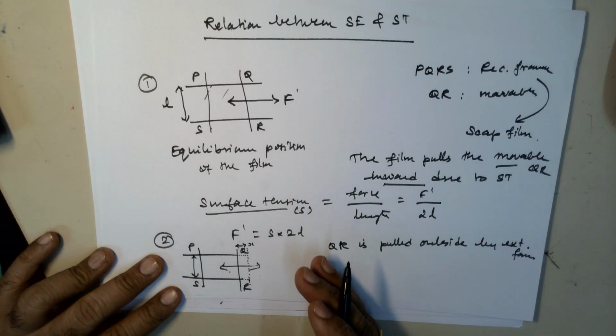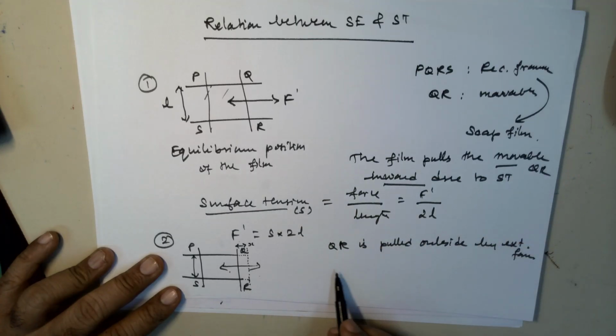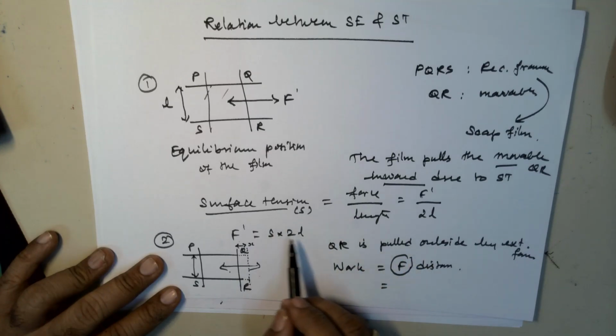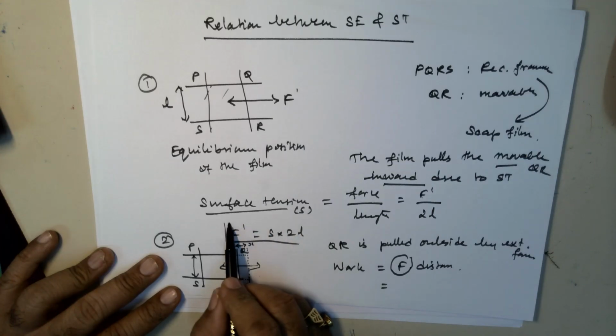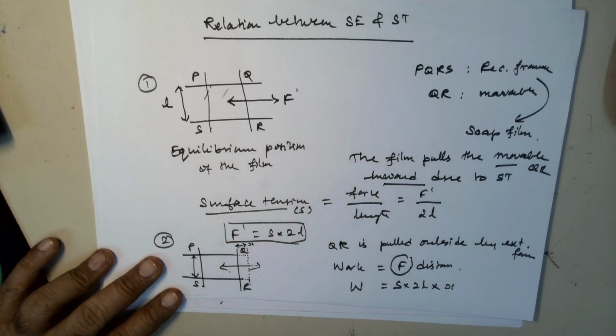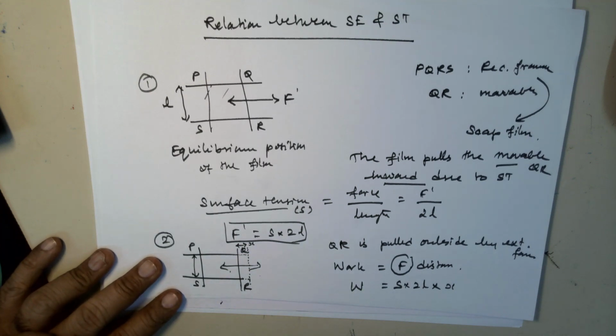The work done is nothing but force into distance. This F is nothing but F dash, that is S into 2L. So an equal amount of force should be applied. So work is equal to S into 2L into X.